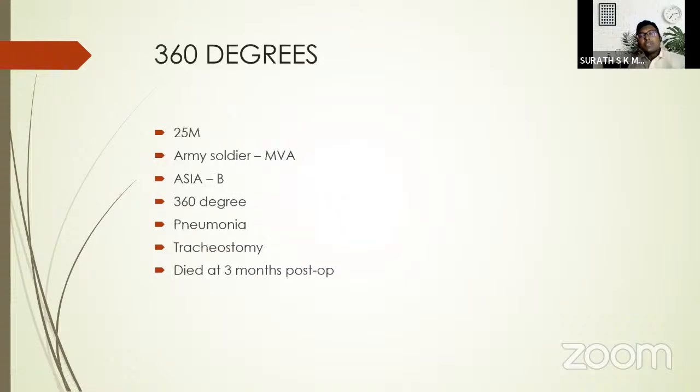So keeping all this in mind, I will show you some of the cases I have performed during the last 10 to 12 months at this hospital in patients from this province. As far as I'm concerned, I have done somewhere around 16 fracture dislocations, which is quite a big number considering a peripheral hospital.